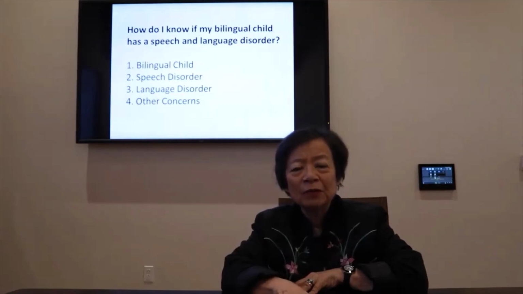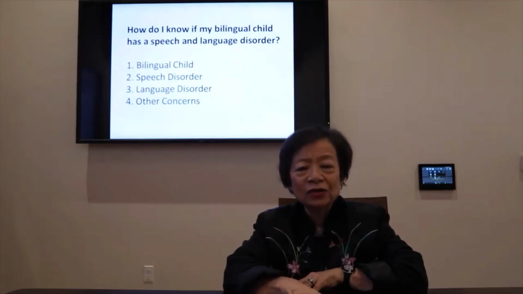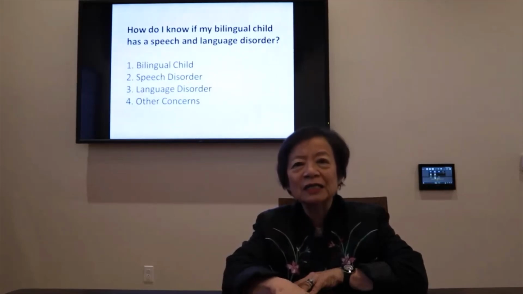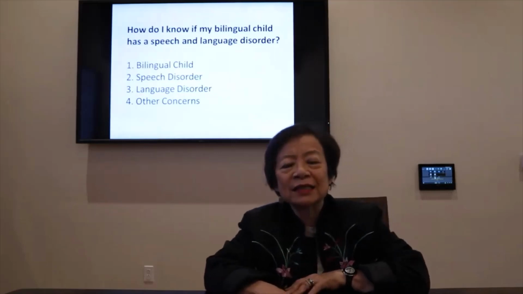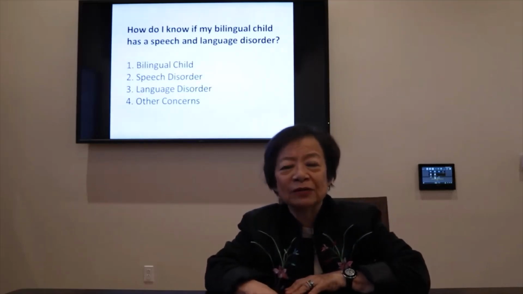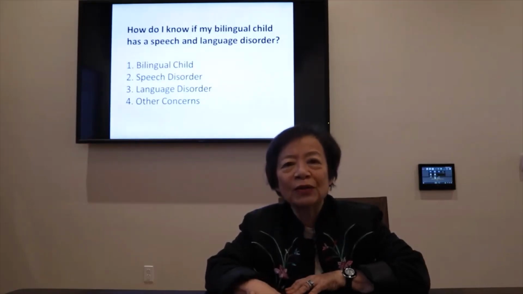Now, some of the people encounter difficulties in speaking a language or 2 languages or 3 languages and more. Others do not experience such difficulties. So the question that we want to ask is, what is a bilingual child? In general, a bilingual child is someone who can use 2 languages.